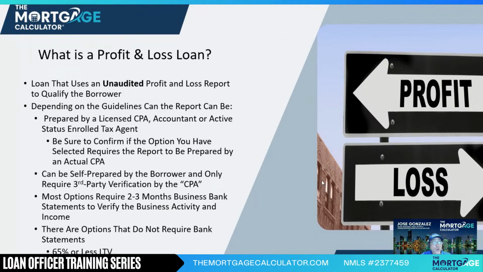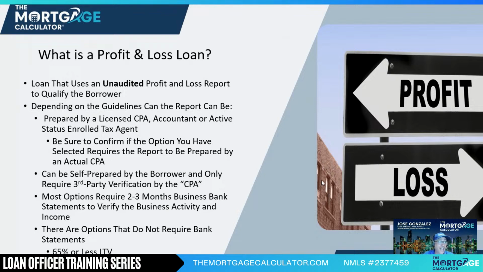Now, you have to be sure to confirm if the option that you have selected requires the report to be prepared by an actual CPA and not just the quote unquote CPA, which most of these guidelines, when they mention CPA, they're talking about it could be an actual licensed CPA, an accountant, or an active status enrolled tax agent.